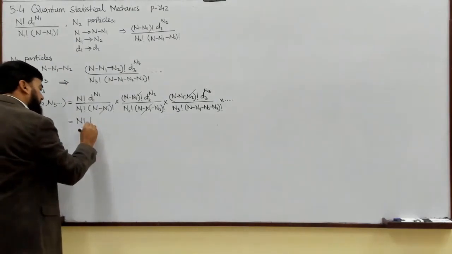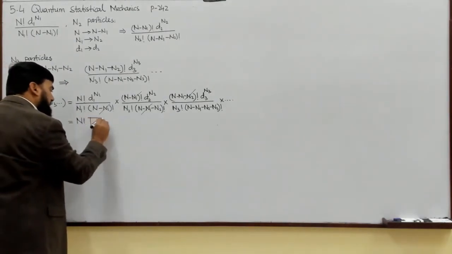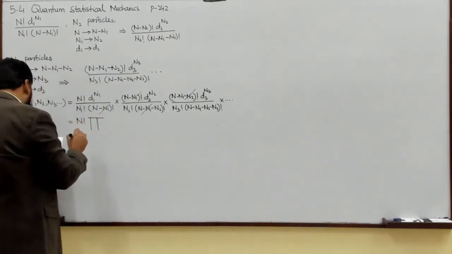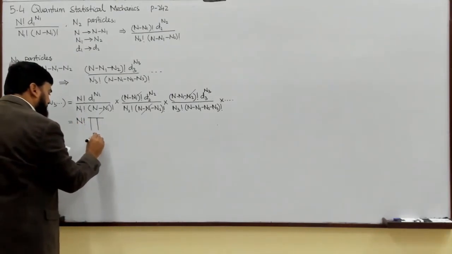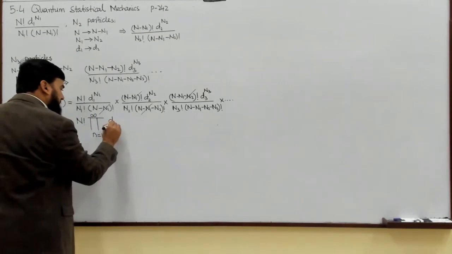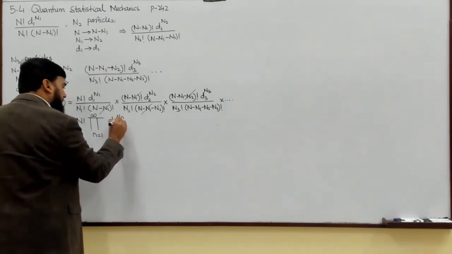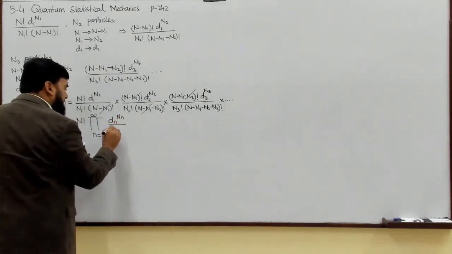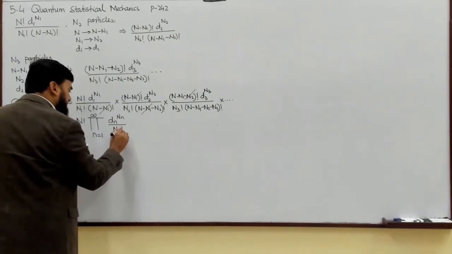So the multiplication I write with the product pi, and n runs from 1 up to infinity, dn to the power nn divided by nn factorial.